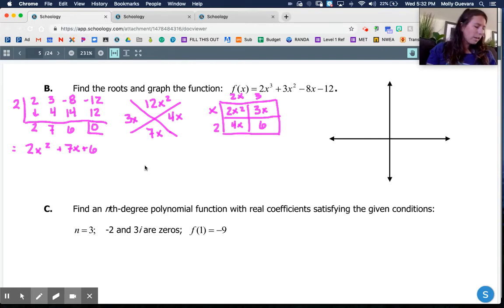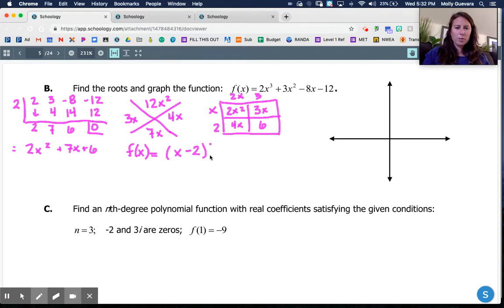Okay, so if I write this in completely factored form, don't forget my f of x, I have x minus 2. I know that that is 1 because of this positive 2, right? It's always x minus. And then my other two parentheses, here I have an x plus 2.